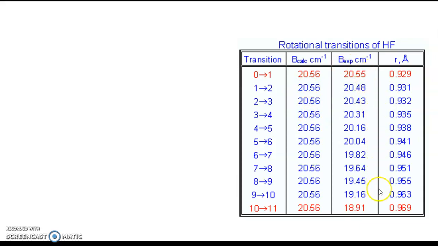But the experimental B value shows a decrease with the increase in the transition.